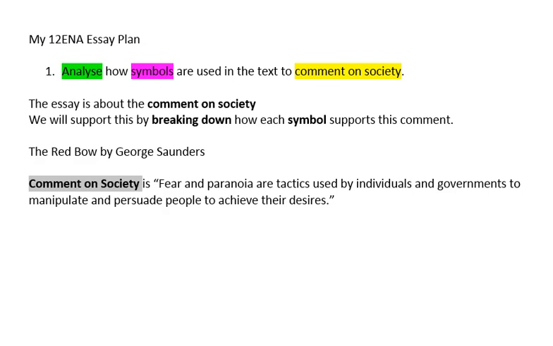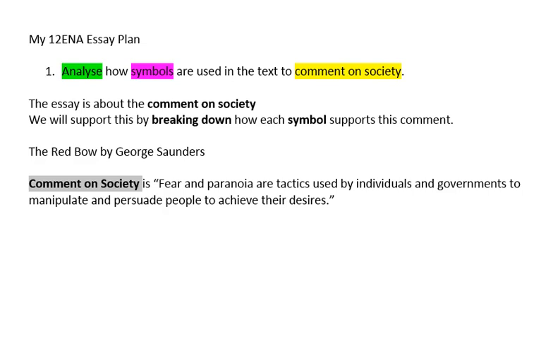And we could argue that, if you read George Saunders' The Red Bow, it's about fear and paranoia. These people are fearful of more rabid dogs attacking their children and potentially leading to more deaths. And people like Uncle Matt are using this fear and paranoia to manipulate and persuade other people.